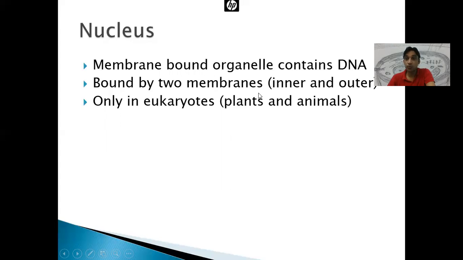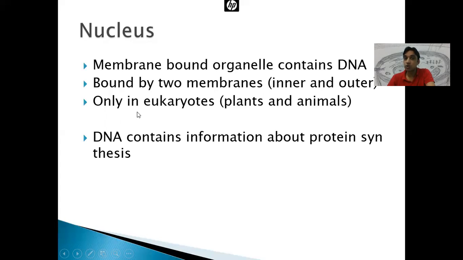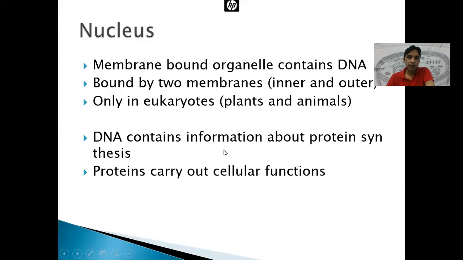They are bound by two membranes, the inner membrane and the outer membrane. They're present only in eukaryotic organisms, like animals and plants. DNA contains information about protein synthesis, and then the proteins carry out the cellular functions.